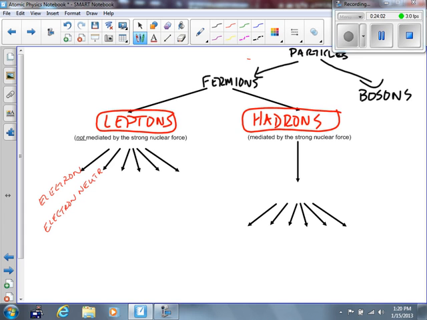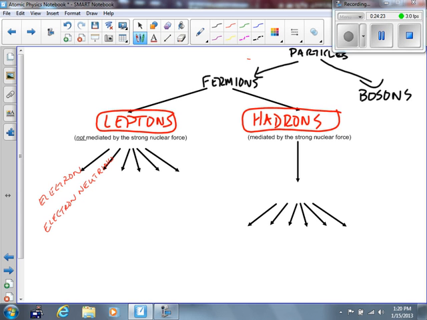An electron neutrino is the type of neutrino that we've talked about when we were talking about beta decay. When you get beta negative decay, a neutron changes into a proton and an electron, you get an antineutrino produced.